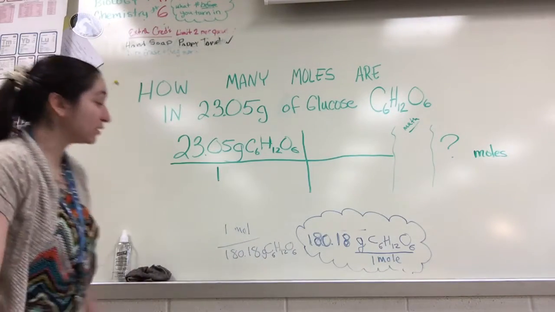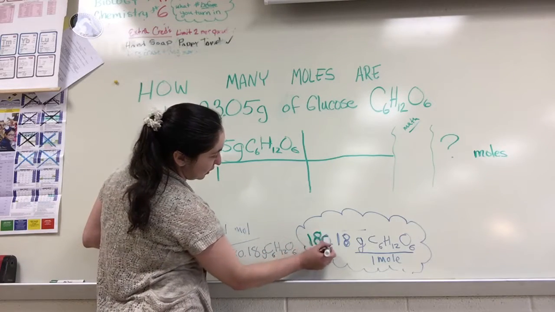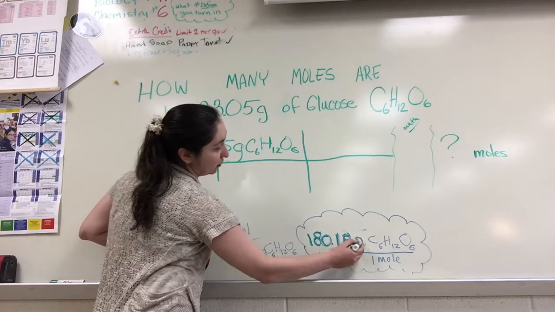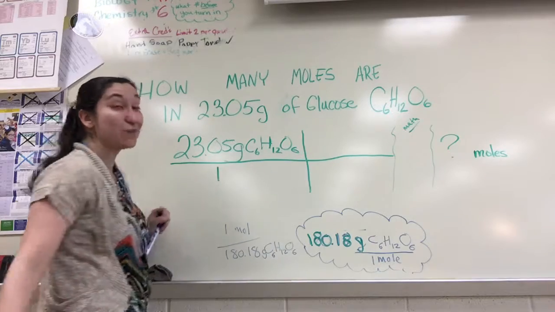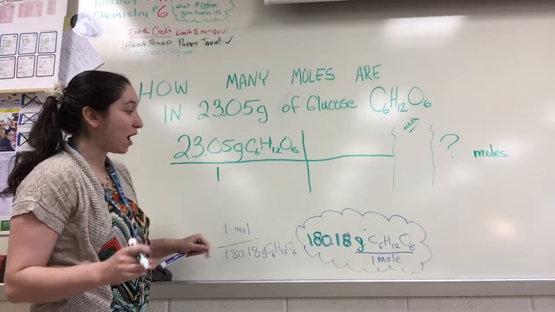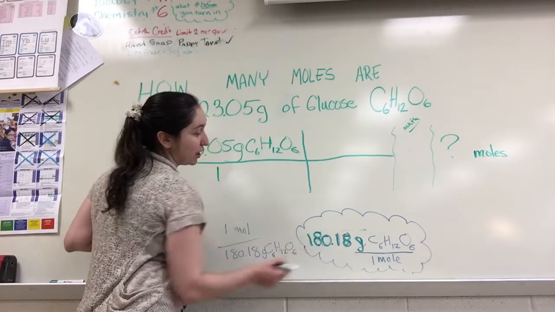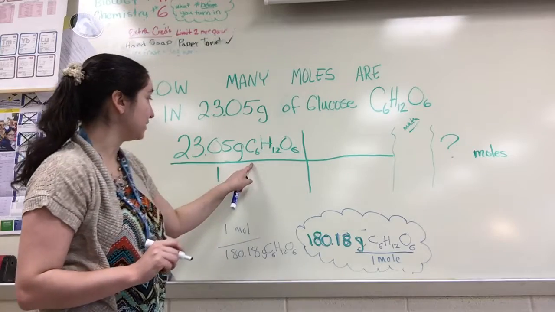And so I'm going to take this conversion factor, 180.18, and I notice that I have grams and I have moles. Right now I'm in grams and I want to get rid of grams. So I'm going to take this conversion factor and flip it, because I want that grams to cancel out.